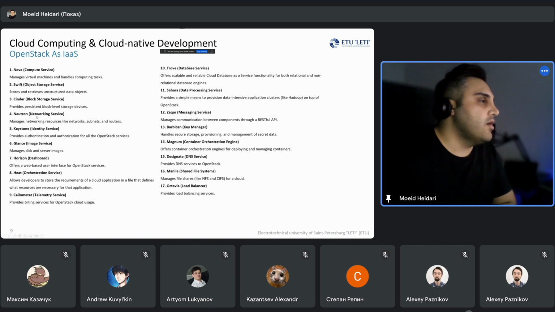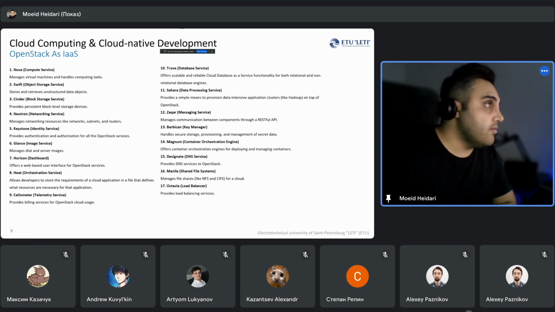Everything will be managed by the networking service, which is Neutron. And Neutron has full communication with Nova as a compute service because it needs to provide the networking to the computing system.